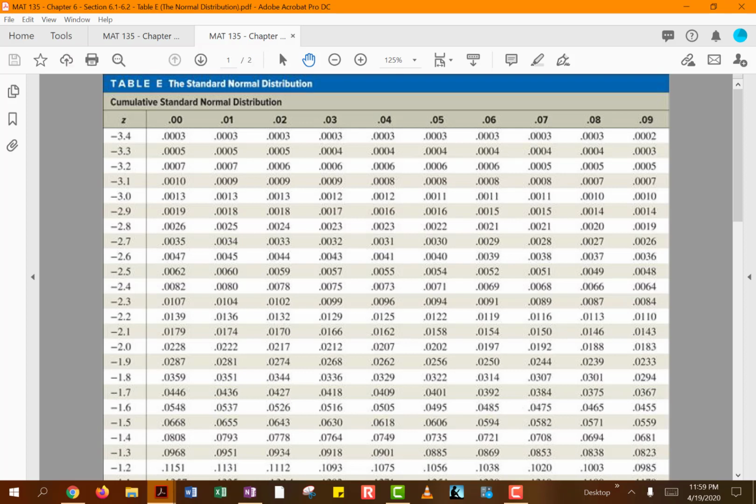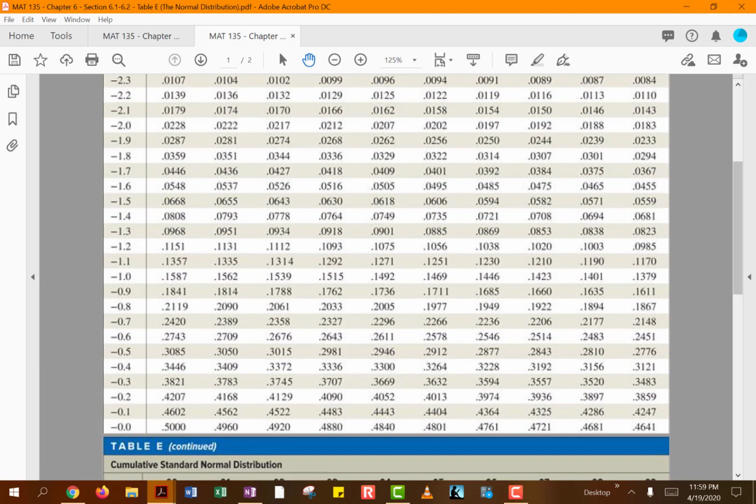So negative 3.4 is here, and then the second decimal place is over here. So if you're looking at negative 3.49 as your z-score, you use negative 3.4 from here, and then for that last 9 at the end, you go over here to the last column. So this is how the normal distribution table works.